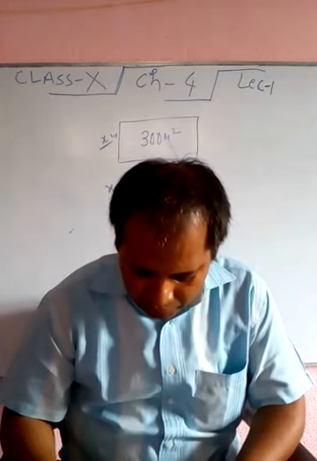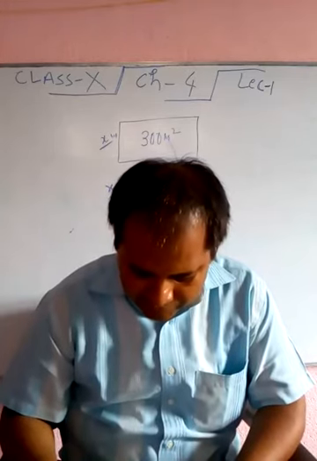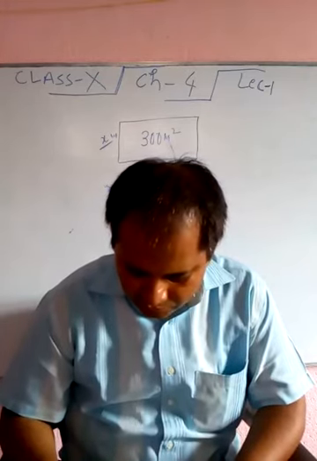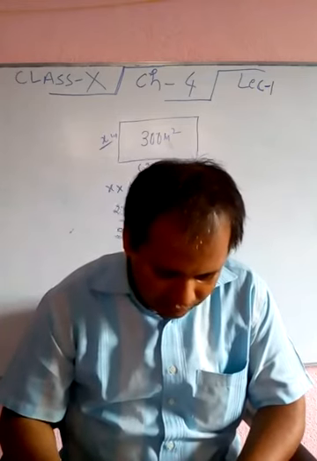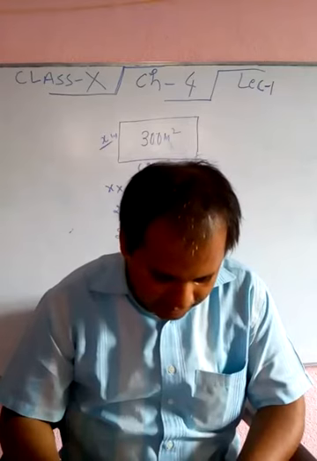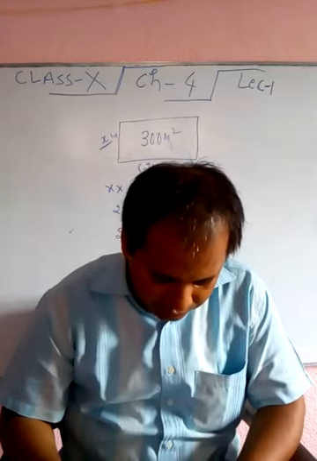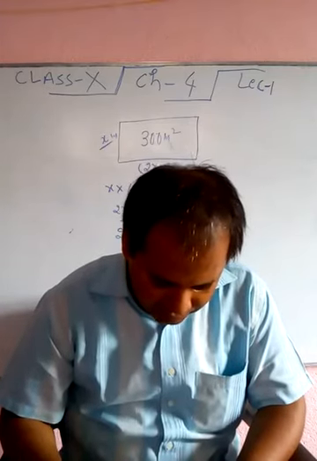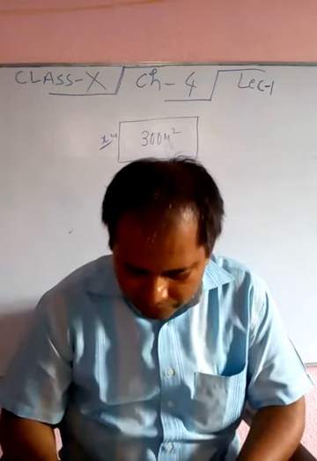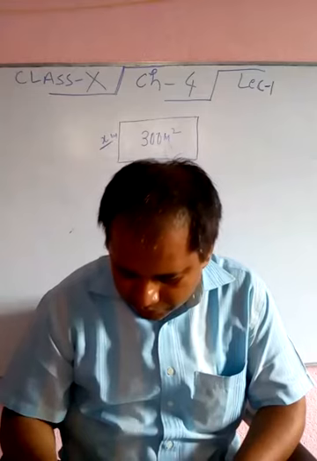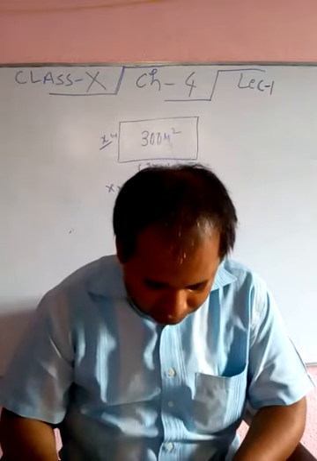For example, 2x square plus x minus 300 is equal to 0 is a quadratic equation. Similarly, 2x square minus 3x plus 1 is equal to 0, 4x minus 3x square plus 2 is equal to 0, and 1 minus x square plus 300 is equal to 0 are also quadratic equations.